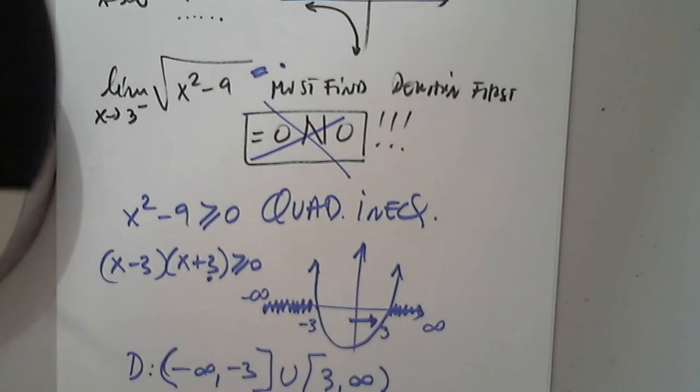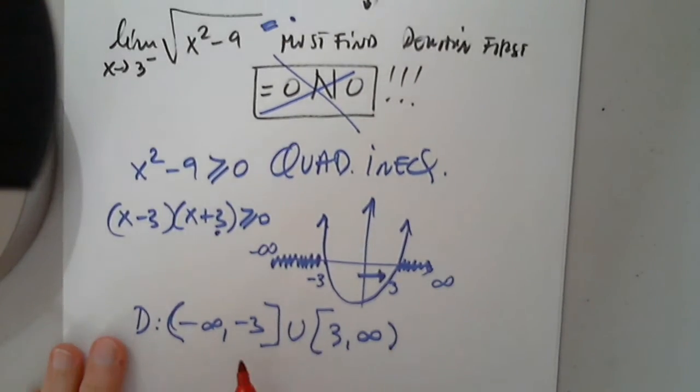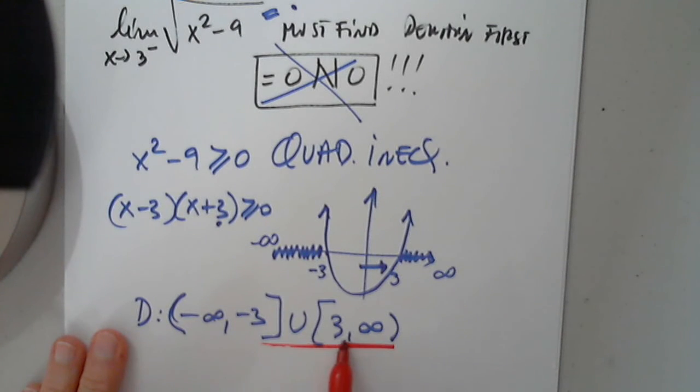Is it 0? That's why we determine the domain. It's 3 from the left. Wouldn't it be 3 to infinity? No. So 3 from the left.